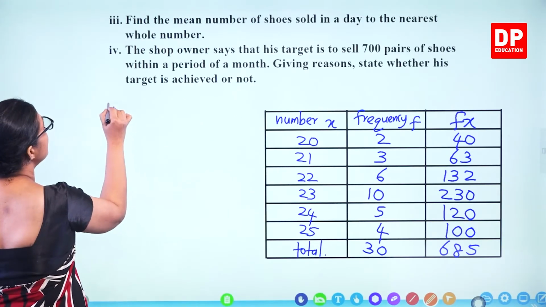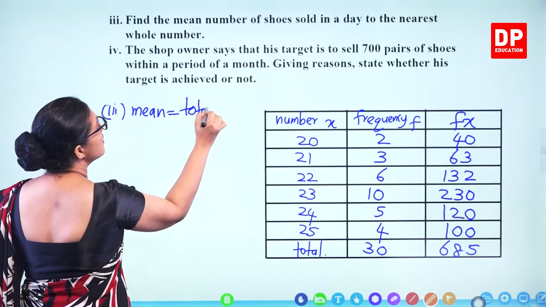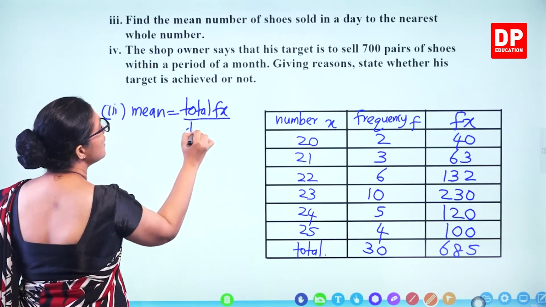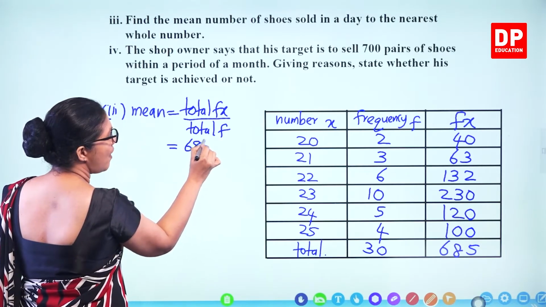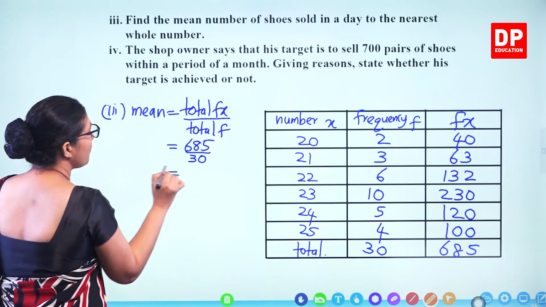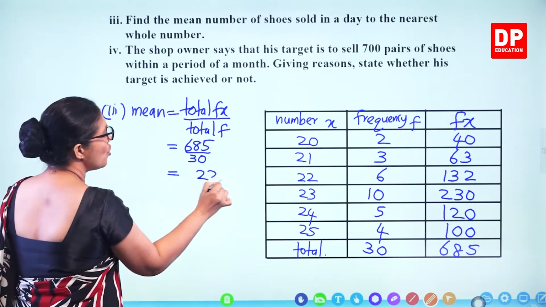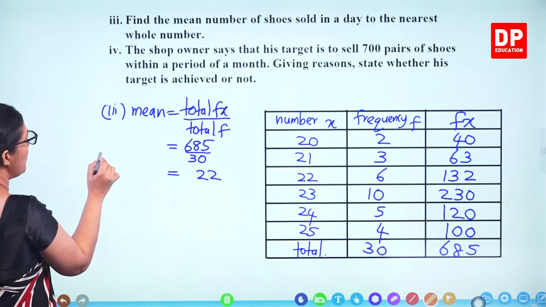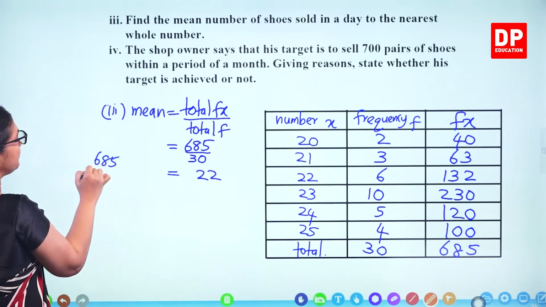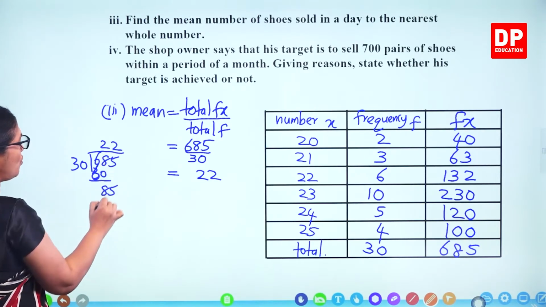So the mean value is total fx or sigma fx over total f. 685 over 30. Just divide and see. 30 times 2, 60.